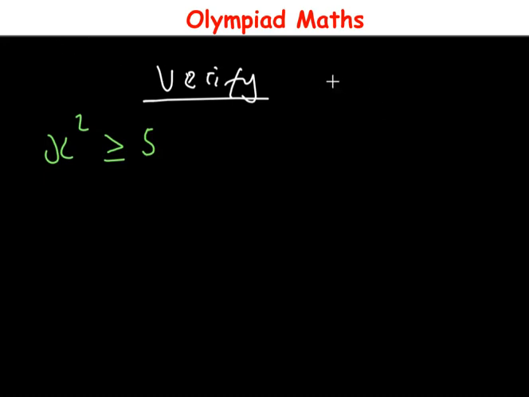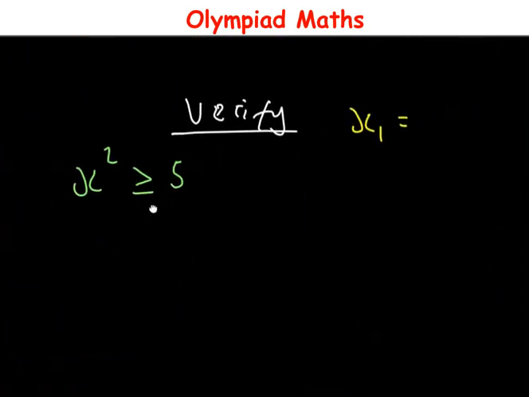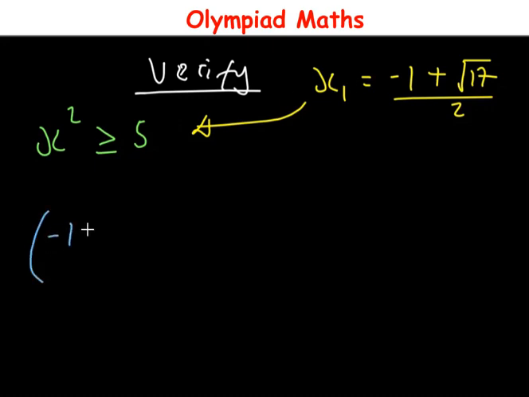And for the first solution of x, x1 is minus 1 plus root 17 over 2. Putting this into the parameter, x squared is minus 1 plus root 17 over 2, all squared.